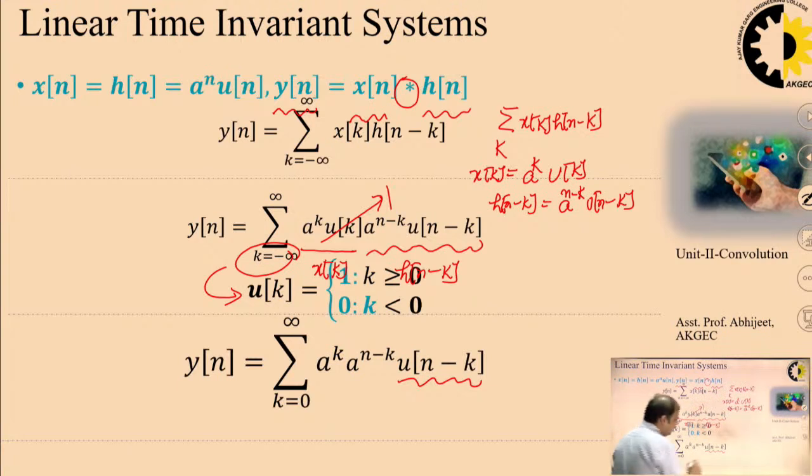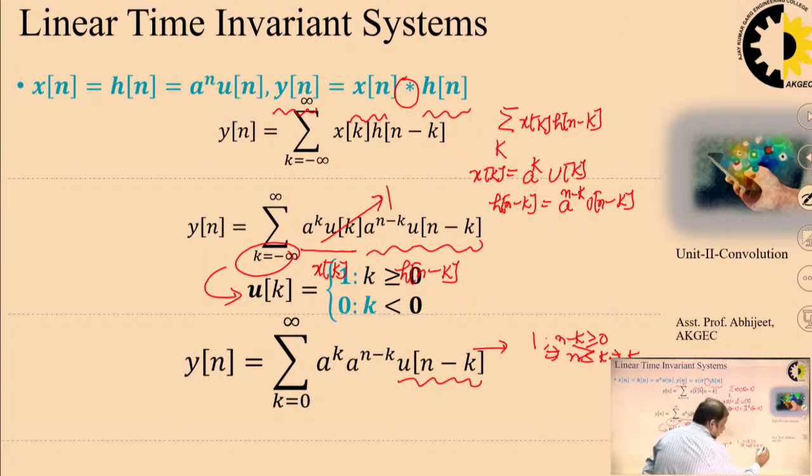So we know that u of n minus k will be 1 when n minus k is 0 or greater than that. If it is so, we actually mean that k is less than or equal to n, but the variable is k, so we should decide upon k.